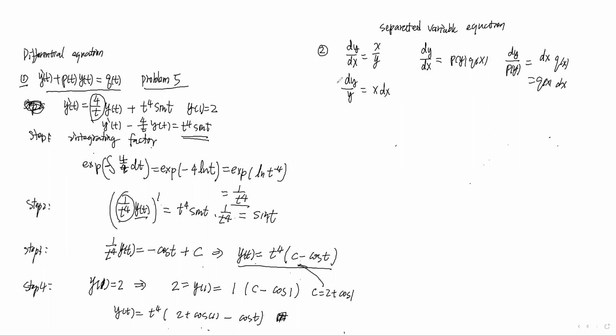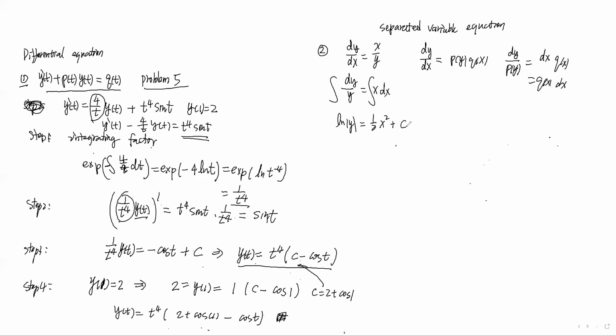After you write it in this form, you integrate it. You get ln y equals one half x squared plus c.